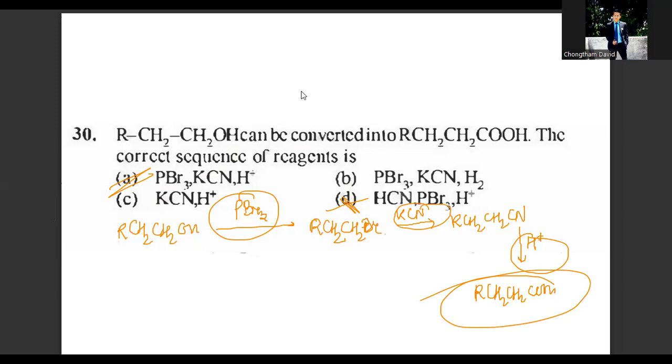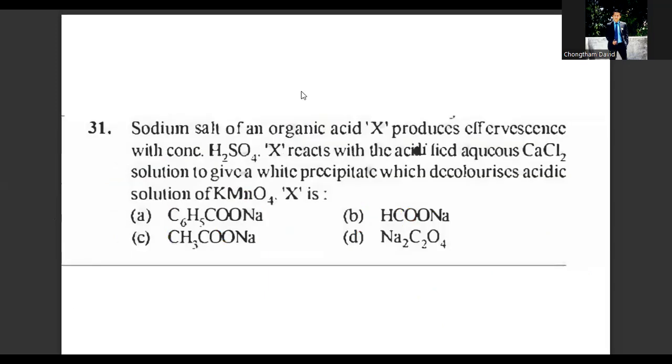Okay. Question number 31. Sodium salt of an organic acid X produces rapid effervescence with concentrated sulfuric acid, and X reacts with acidified calcium chloride solution to give a white precipitate which decolorizes acidic solution of potassium permanganate. Identify X. So to identify X, you need to write all the chain reactions slowly, step by step.